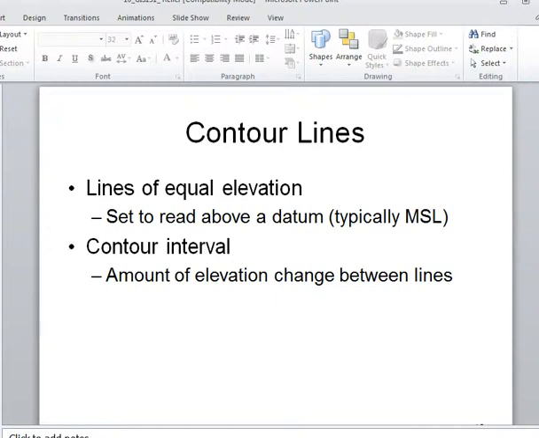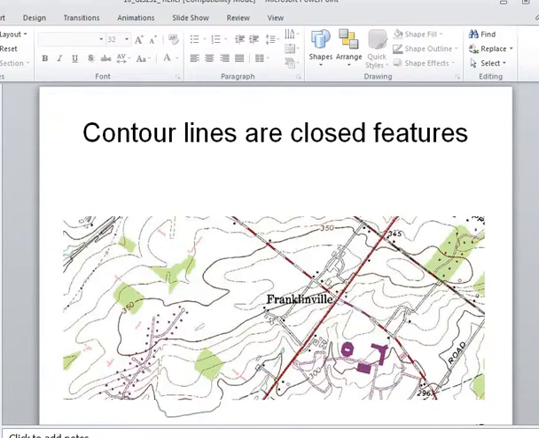If we look at a piece of a map, the other thing you should notice is that contour lines are supposed to be closed features. So this is where it says 350. If I walk along this line, it would close in on itself.